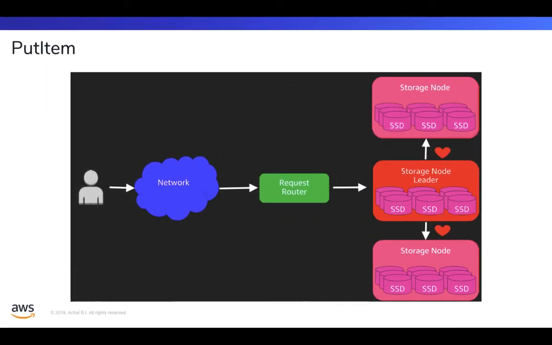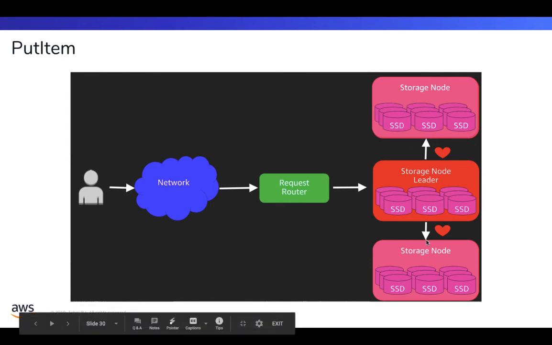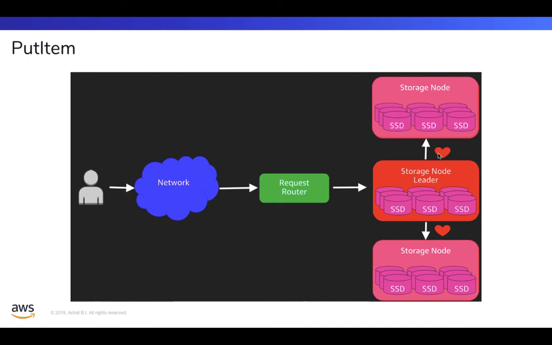When it comes to put item, you can see that the requester would hit the storage node leader. There is something called a storage node leader, which is the primary node, and this primary node communicates with the other storage nodes using heartbeats. This heart symbol basically depicts heartbeats, which happen every 2 seconds, suppose.